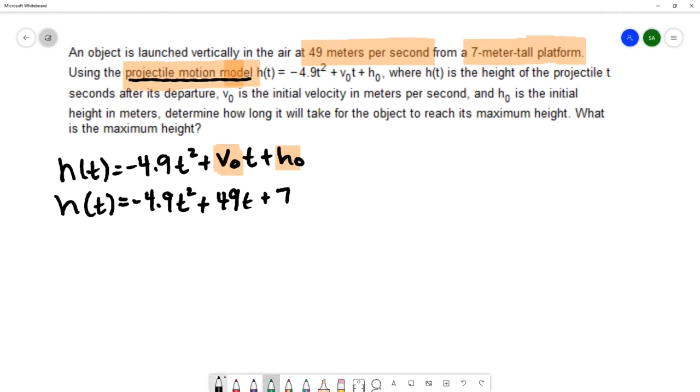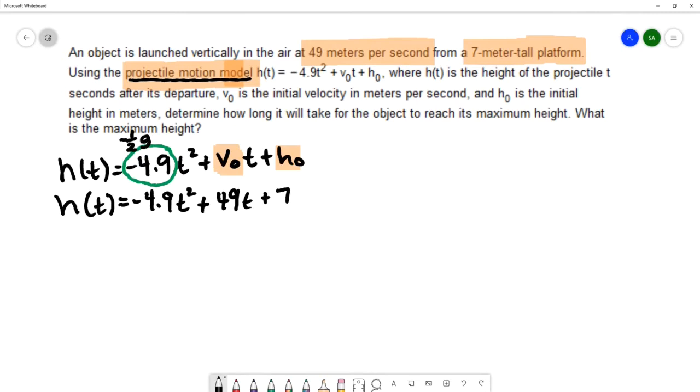Just a little bit of background information. Although it's not described in this problem, this part here is actually related to the Earth's gravitational pull, and it's got acceleration due to gravity here. So it actually is negative 1/2 acceleration due to gravity.